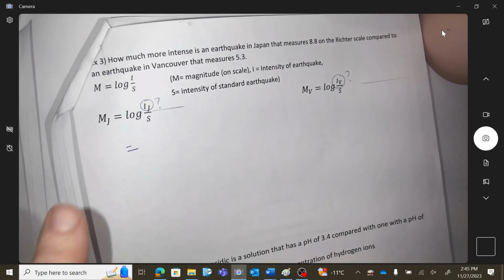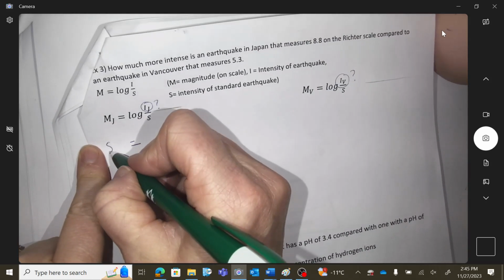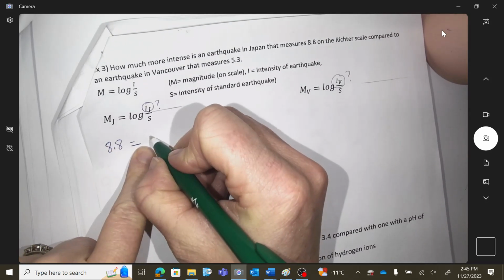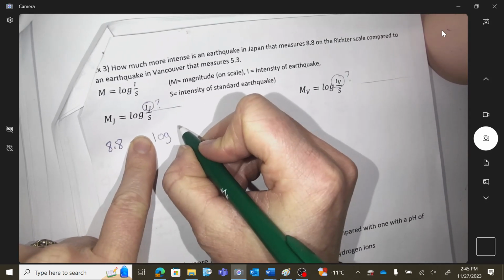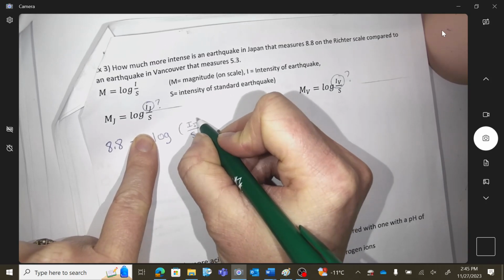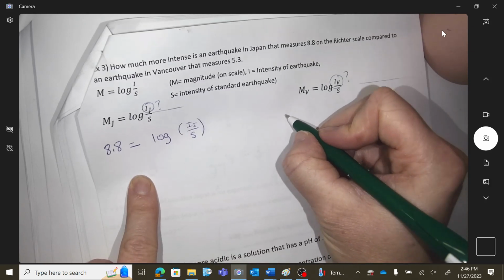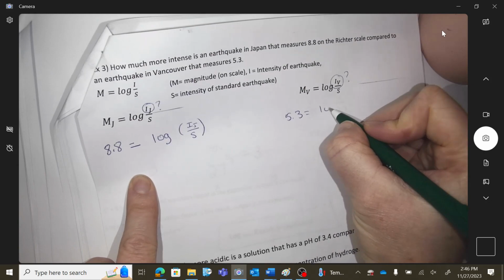Okay, so here we go. What was the magnitude of Japan? So 8.8. And then can you write the same thing on the other side?